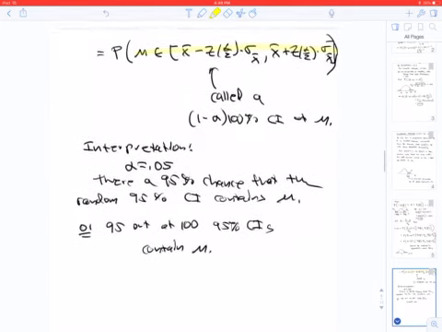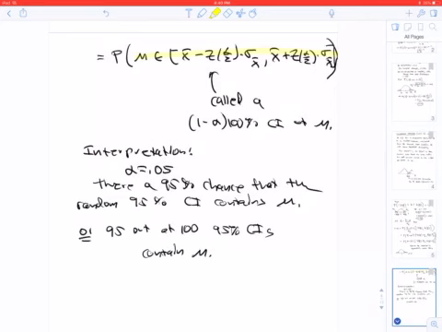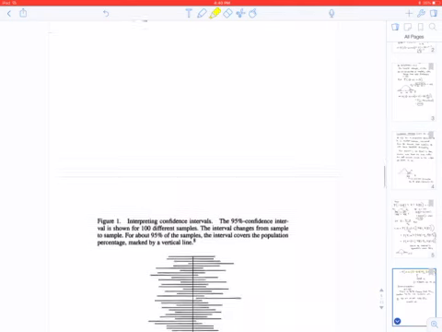And so it's not proper to say that there's a 95% chance that mu is in the confidence interval. You would rather want to modify the random interval. So there's a 95% chance that the random interval contains mu.